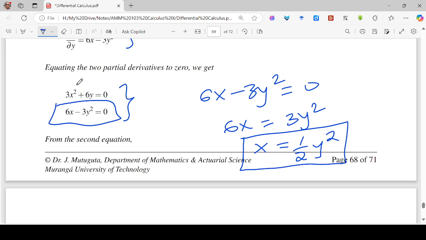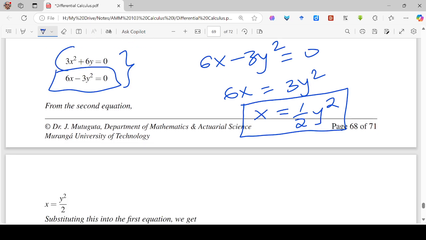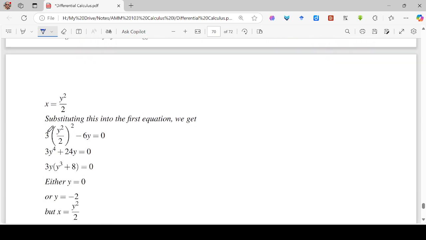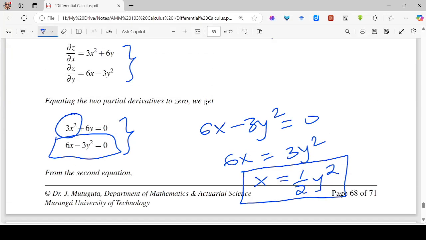So we're going to substitute this here, where we have x. So in this case, we get 3 times (y squared over 2) squared minus 6y. And this will give us 3 over 4 y raised to power 4 minus 6y is equal to 0.